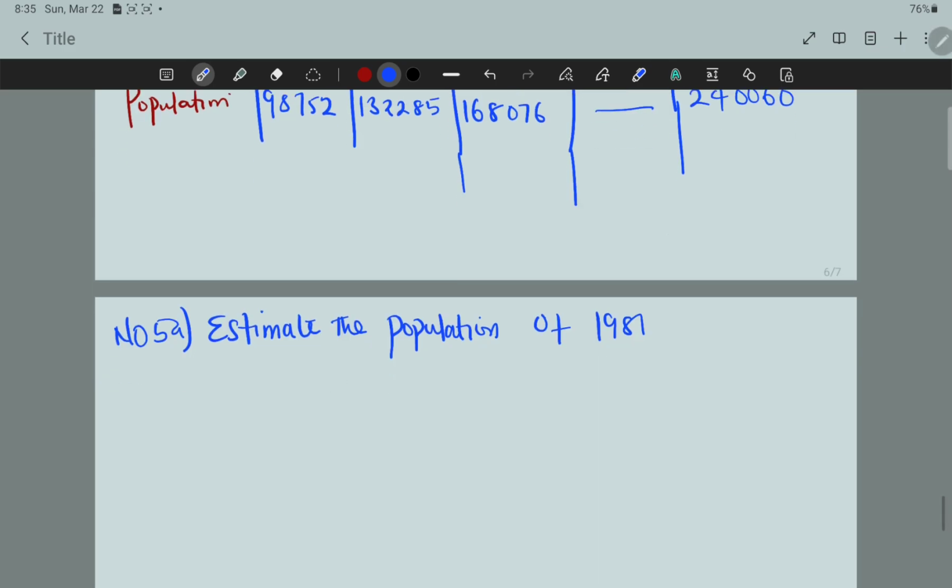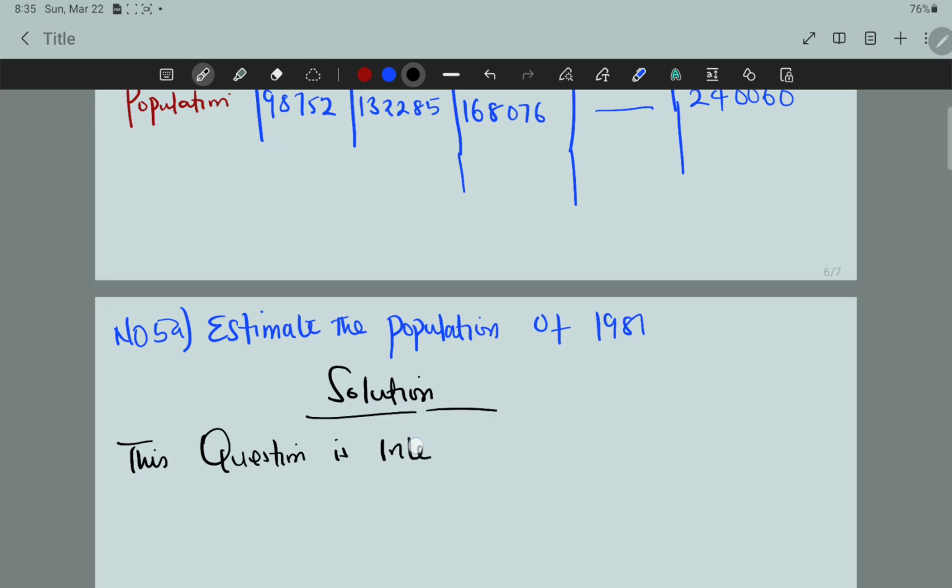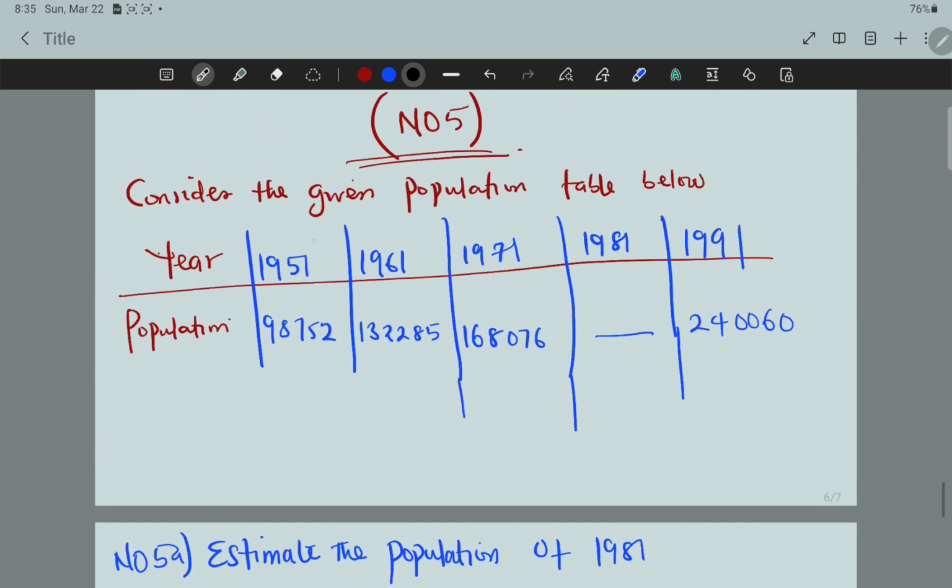We're talking about interpolation. This question is interpolation of equal interval, because what's the difference between 1951 and 1961? 10. Between 1961 and 1971? 10. So everybody is taking 10 as their interval, right?